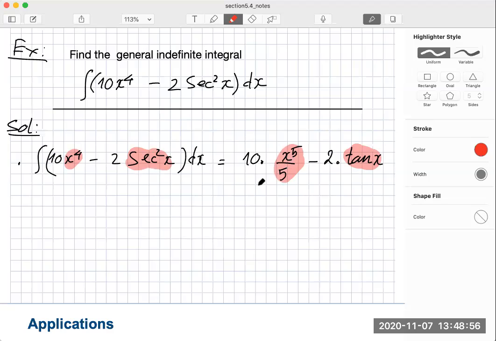And remember, we are computing the indefinite integral. Therefore, remember to add a number c. We can simplify it further. It will be 2x to the 5 minus 2 tan x plus a number c, right?